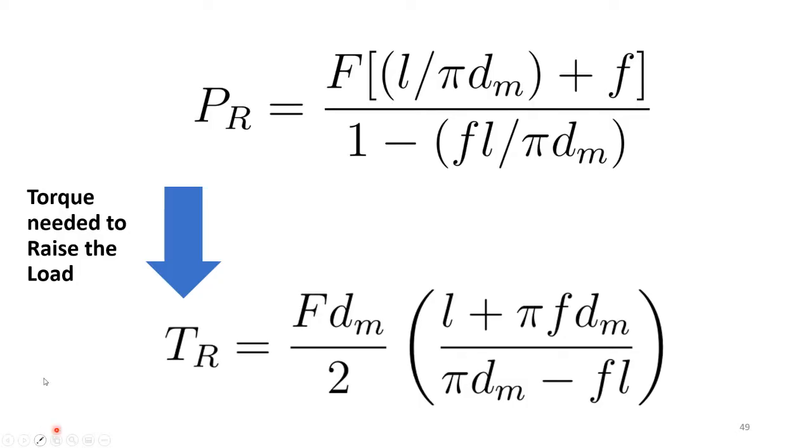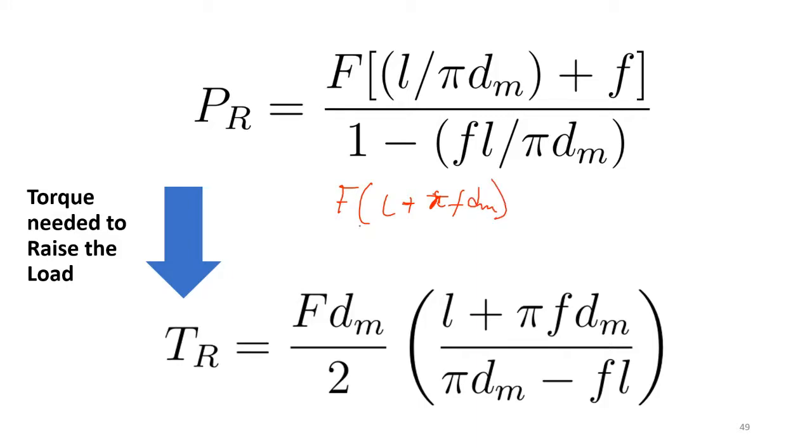we can say that if we multiply the numerator by pi dm, we are going to get the numerator equal to F in bracket L plus pi times the friction coefficient times dm.